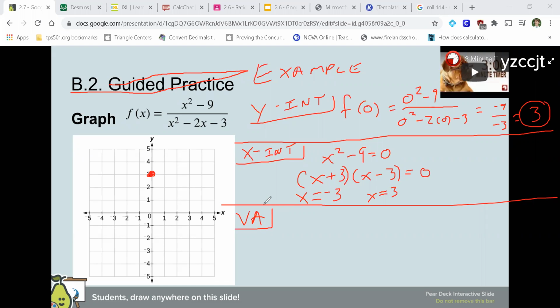To find my vertical asymptotes, I do the same thing, but I do it with the denominator. X squared minus 2x minus 3 equals 0. That factors into what?